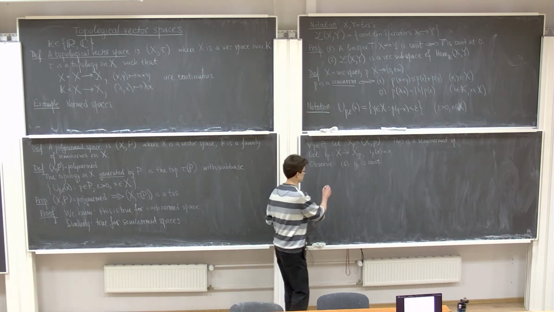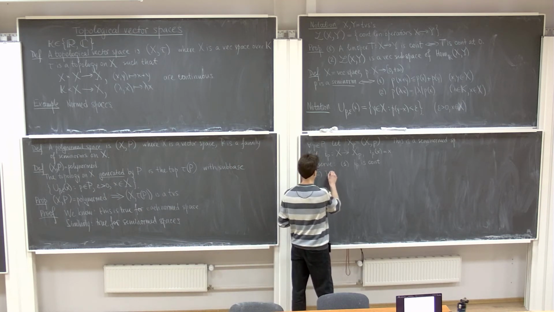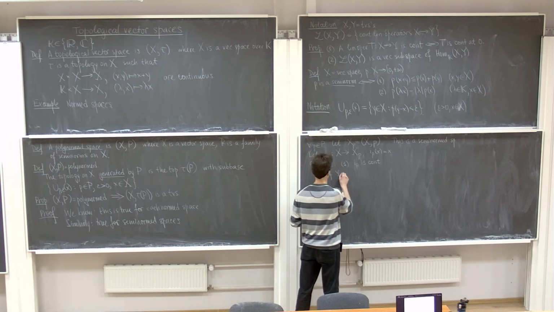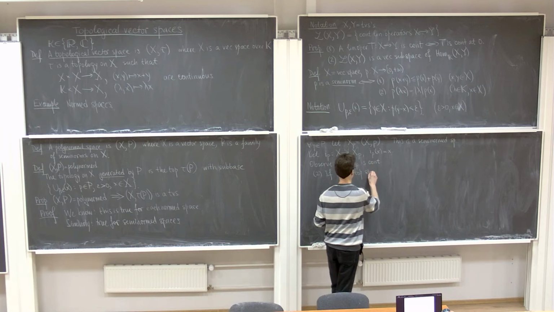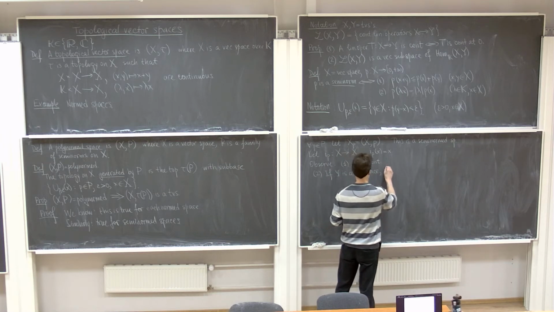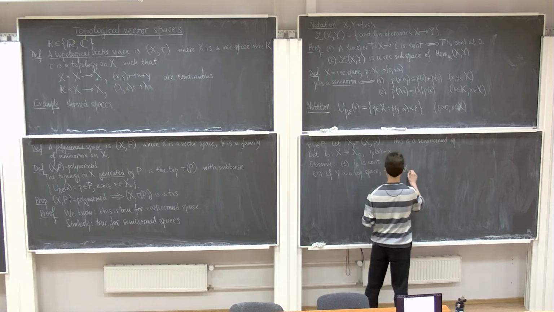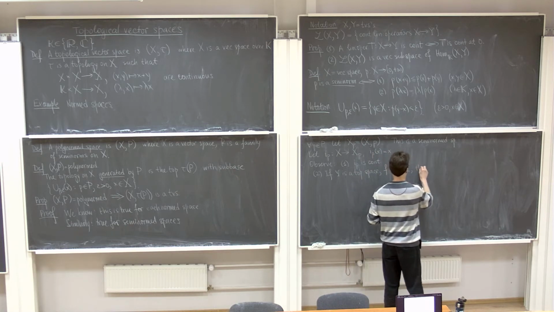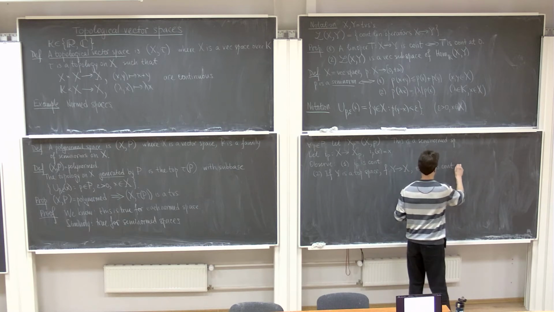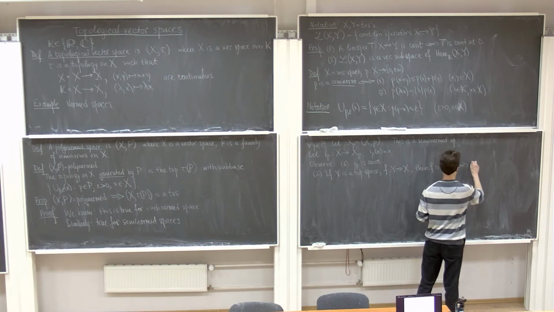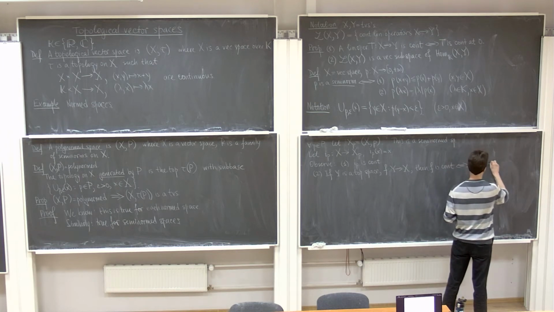And moreover, property 2: if Y is an arbitrary topological space, and f is a map from Y to X, then f is continuous if and only if i_p composed with f is continuous for all p.